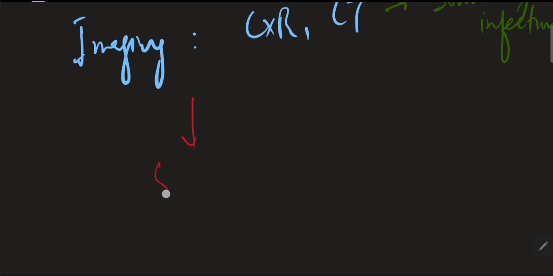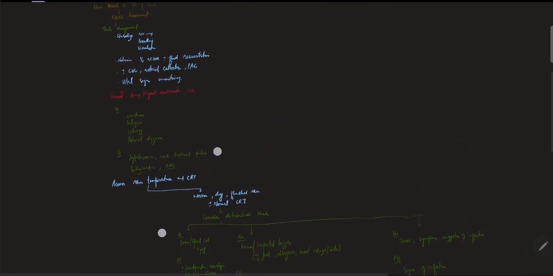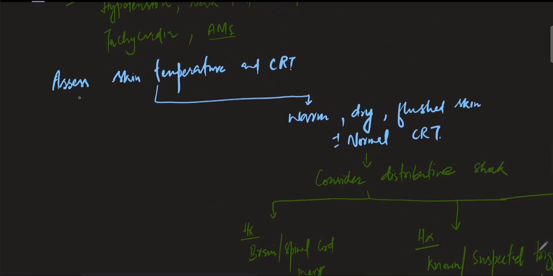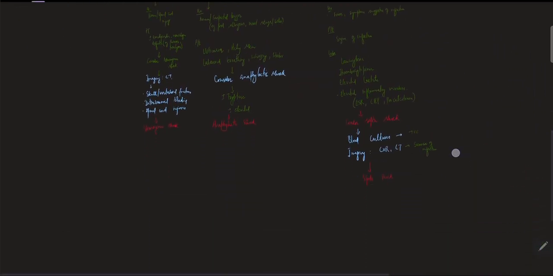So we'll say it is septic shock. Now we'll go back to the story here. If, when assessing the skin temperature and capillary fill time, it is otherwise than warm, dry, flushed skin, we'll think of these three diagnoses, right?